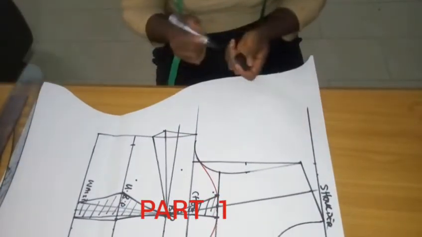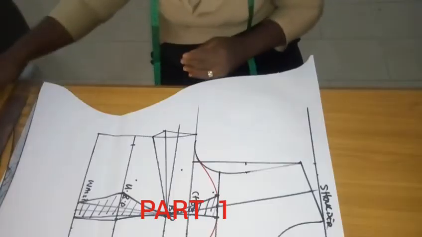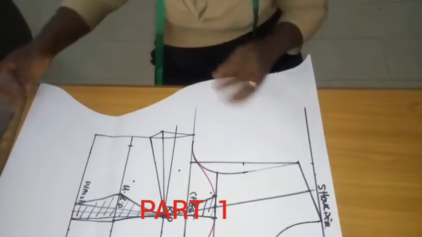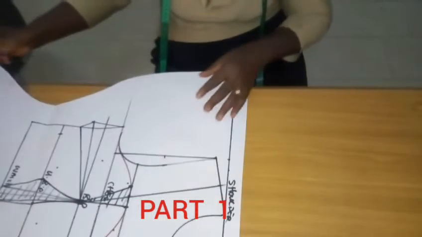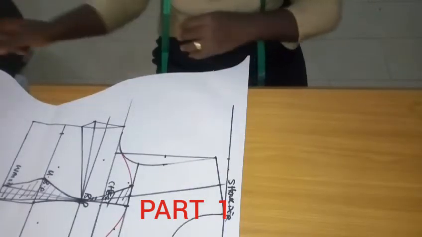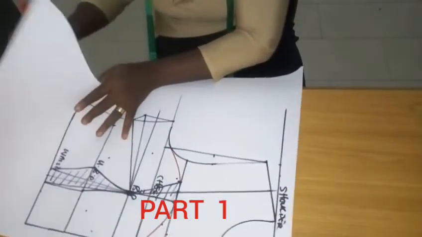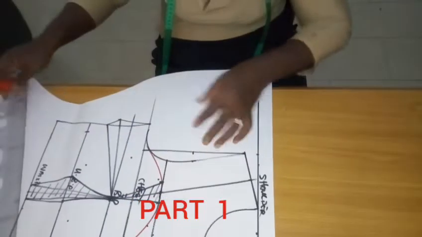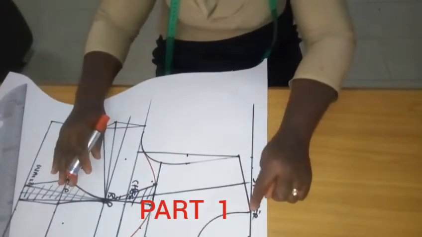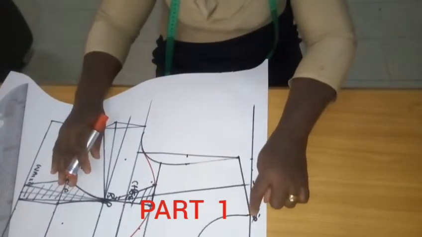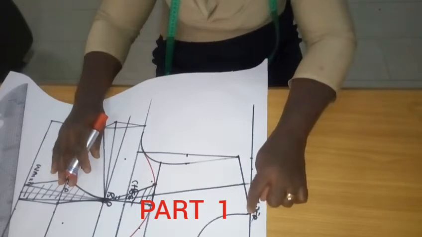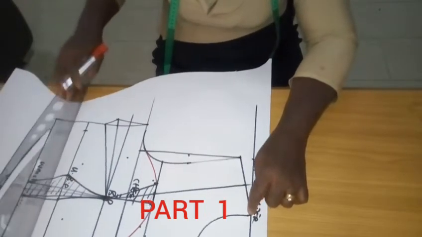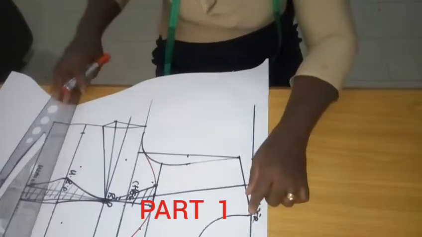So it's high time for us to jump into the Queen Anne, and to do that we'll simply come over here. The Queen Anne neckline is just a simple and nice neckline. As you can see on the thumbnail, the Queen Anne is running all the way from the tip of the neckline and is coming over here.